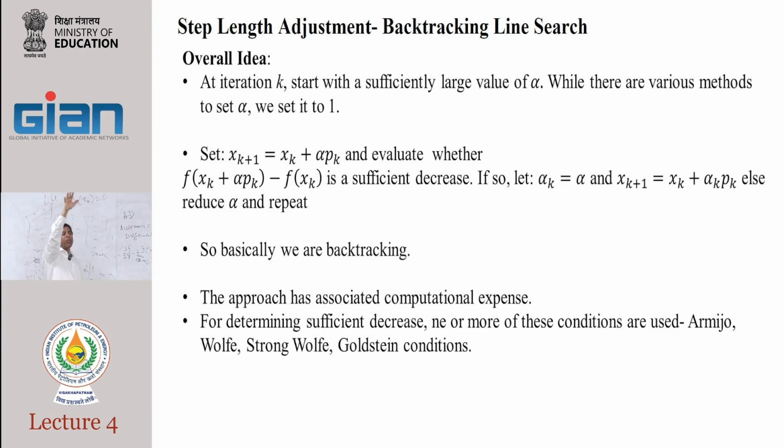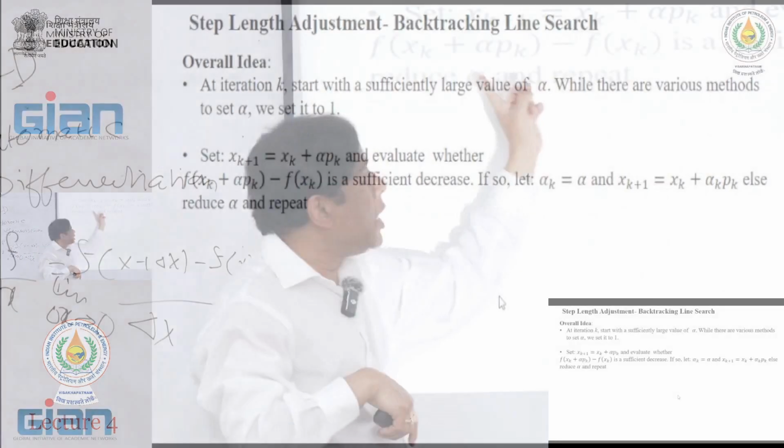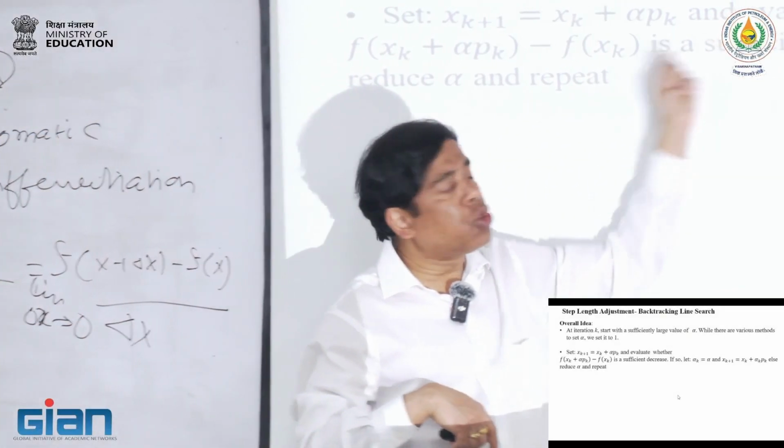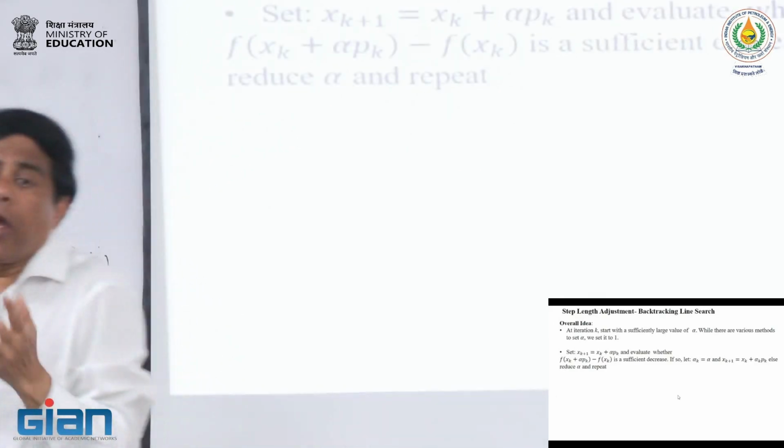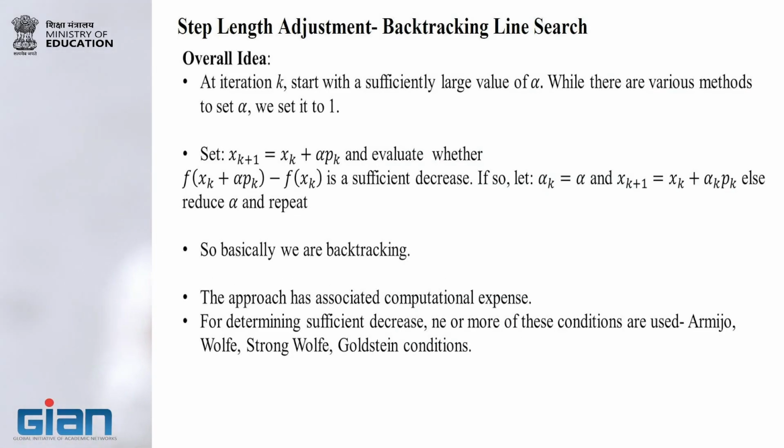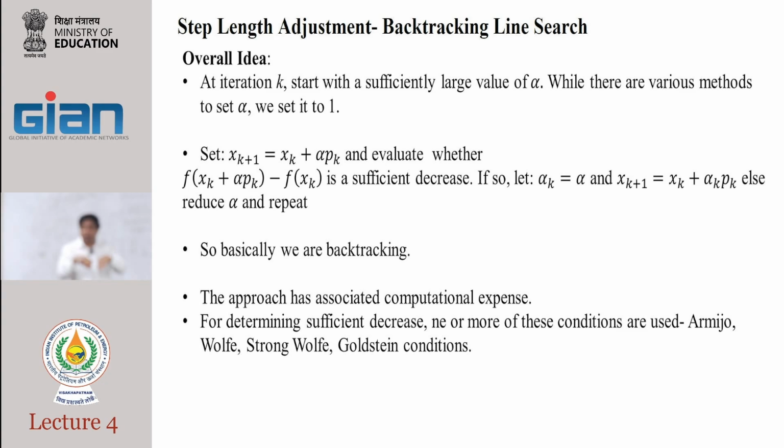If I have a value of 1000, I want to take it to 0. So what it tries to find out is, comparing what I have right now with the new step, does this new step lead to a sufficient decrease? If I had a value of 1000, is it going to 800, 700? Because I want to take it to 0.